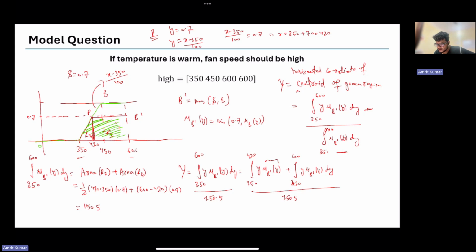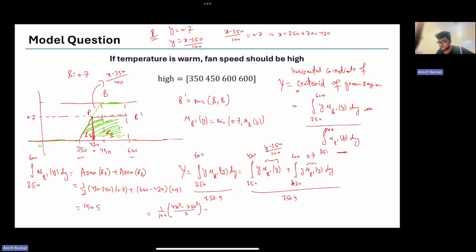It's basically y minus 350 by 100. And what is the membership function of B dash between 420 and 600? It's nothing but 0.7. So when you evaluate this whole thing, what you will end up getting is 1 by 100, times 420 cube minus 350 cube divided by 3.